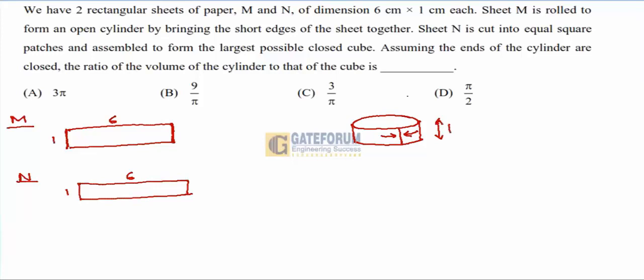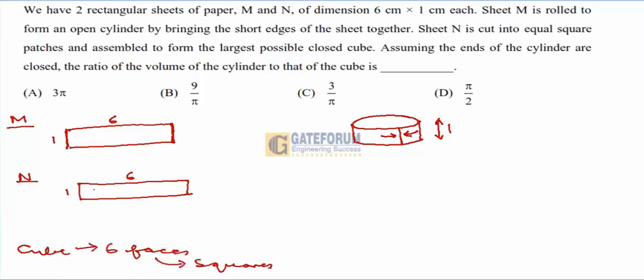Okay. Sheet N is cut into equal square patches and assembled to form the largest possible closed cube. Now we all know that a cube has 6 faces, and all of these faces are squares.